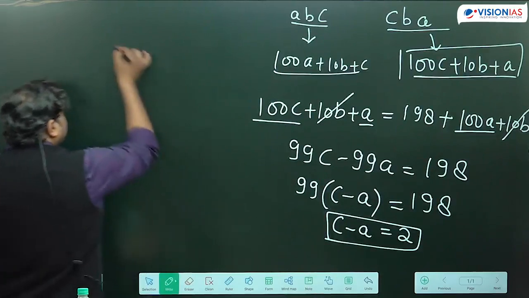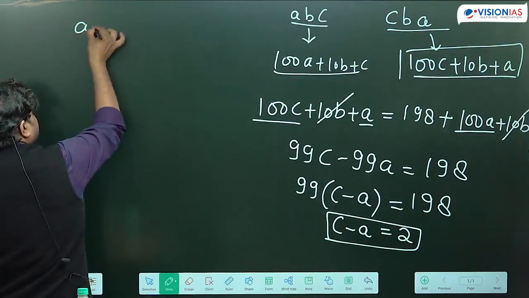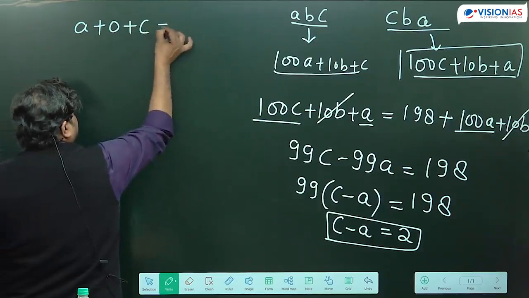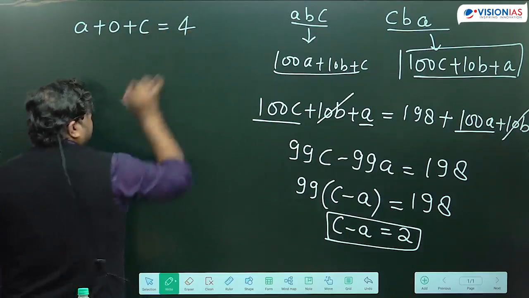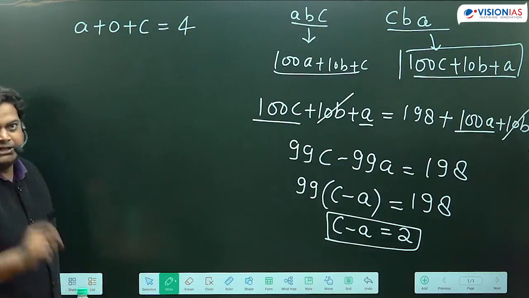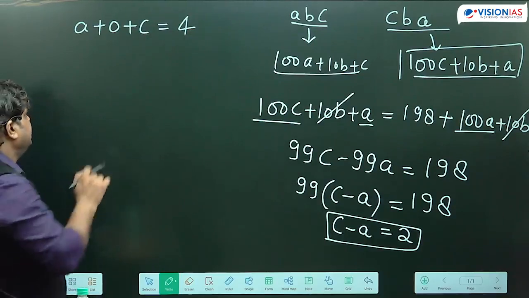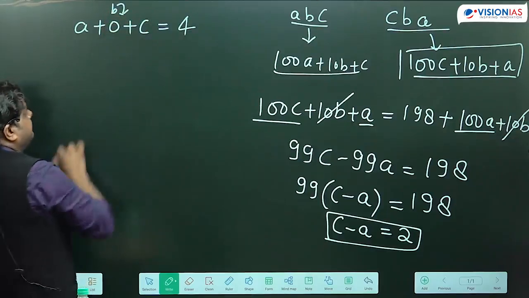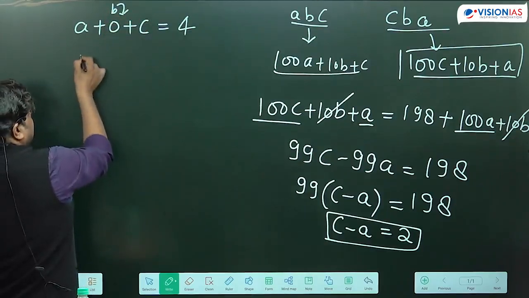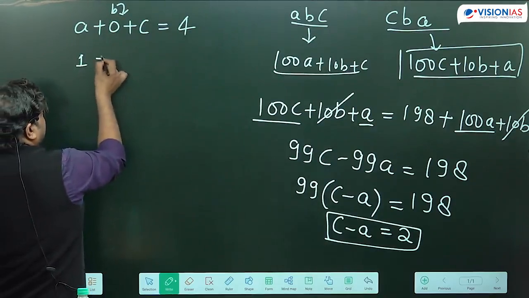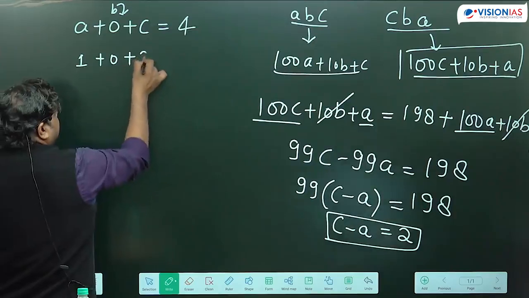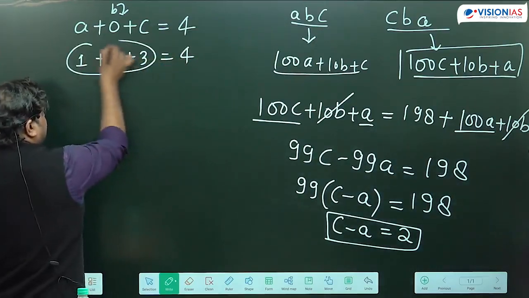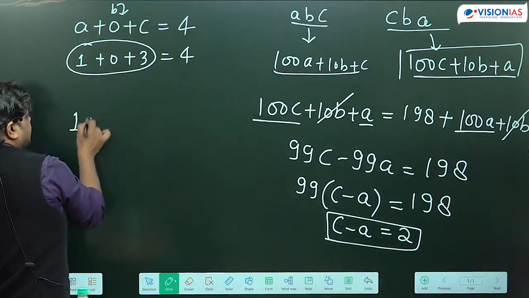What we did, it is also given that first plus middle one plus last one, the sum is coming as 4. So what can be the possibility for A and C? B is fixed, B's value is 0. So if we take A's value 1, C's value will be 3. It is coming 4. That means that number is 103.